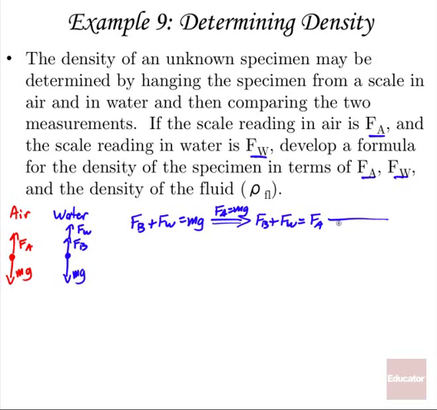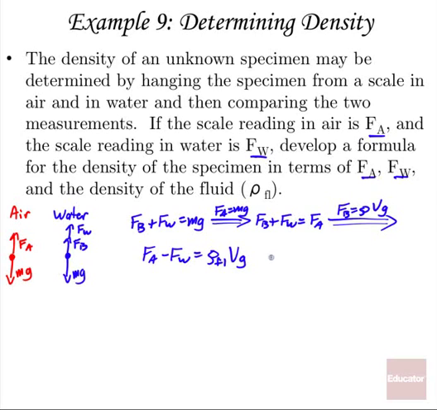But that buoyant force is equal to rho fluid Vg. So I could rewrite this then as Fa minus Fw, with a little bit of rearranging, must equal density of our fluid times the volume displaced times g.